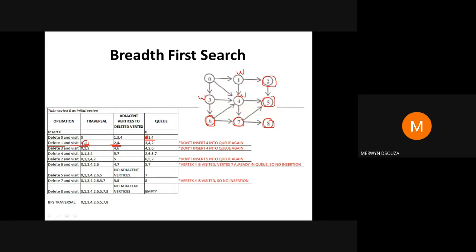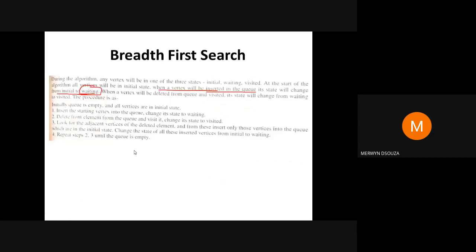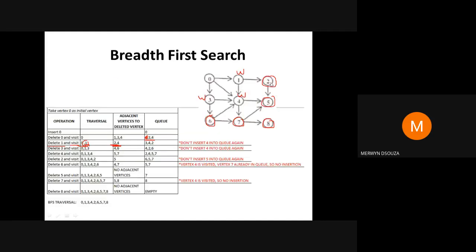There are two adjacent vertices of 1, 2 and 4. I can put only the adjacent vertices which are in the initial state into the queue. Among both these vertices, only one is in the initial state, that is 2. Only 2 will be inserted and 4 will not be inserted again.